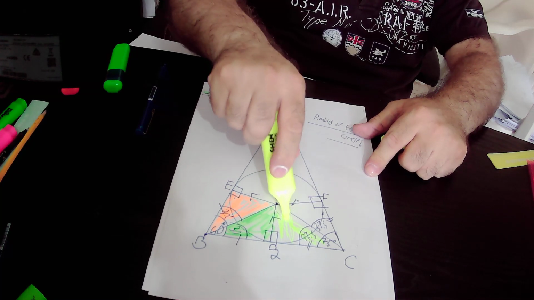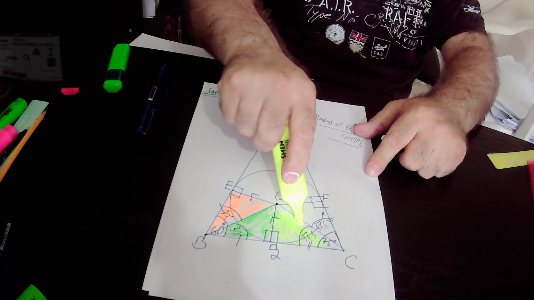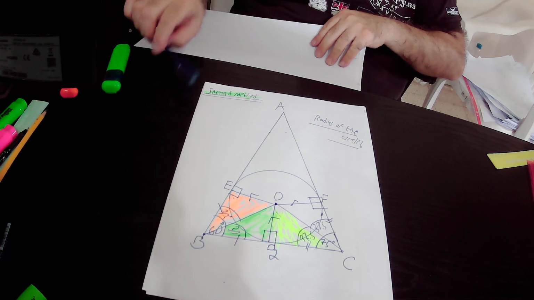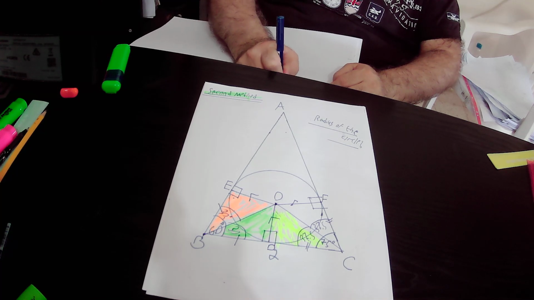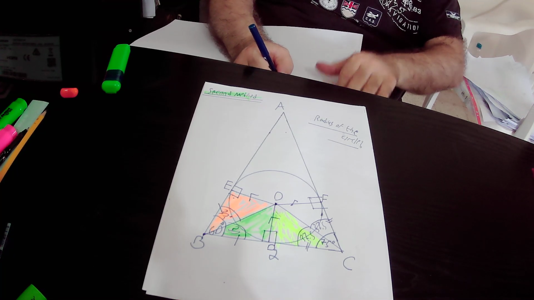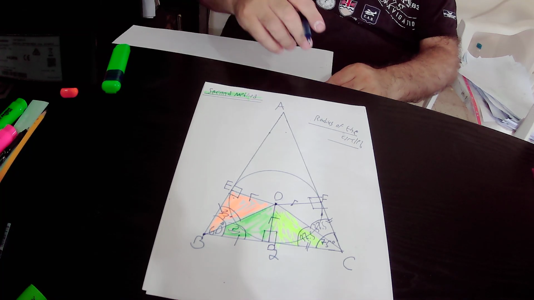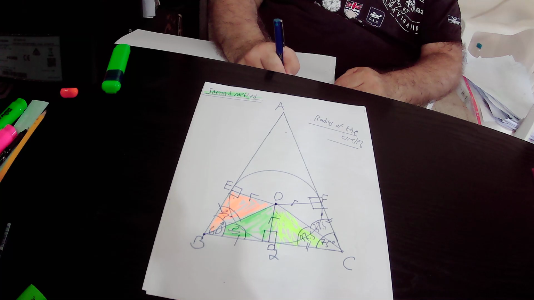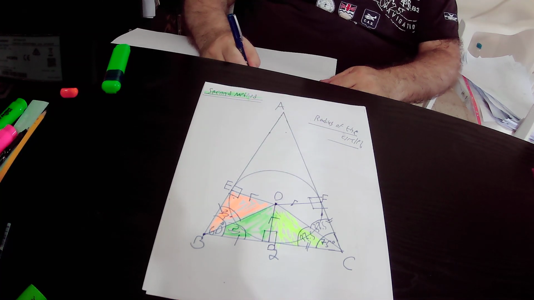In the right yellow triangle OCD, it is very easy to see from the drawing that tangent 37.5 degrees is equal to OD over DC.